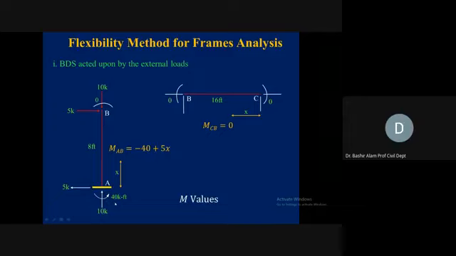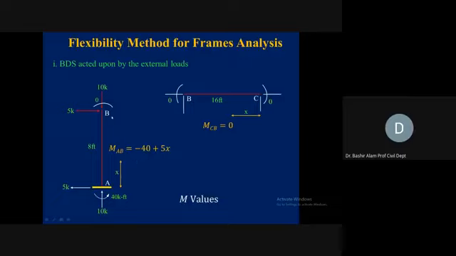Now, we write the capital M values. Member AB, we start with writing the equation, taking the origin as A. So the moment equation will become 5 times x minus 40, which is written here.